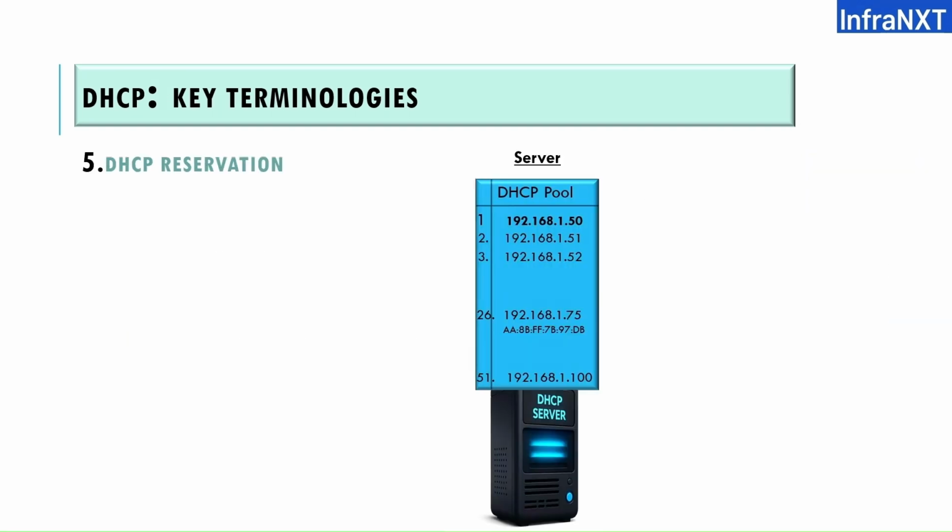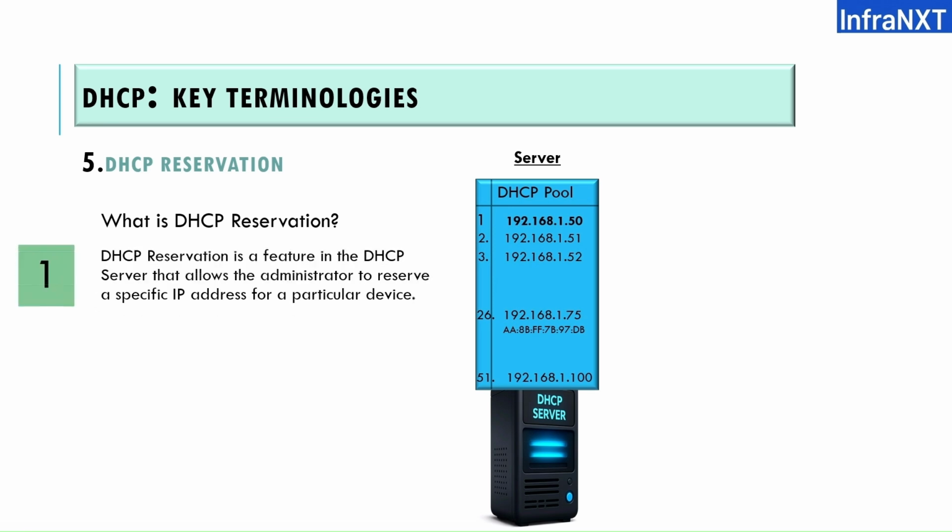Let's cover the fifth key terminology, which is DHCP reservation. What is DHCP reservation? It is a feature in the DHCP server that allows the administrator to reserve a specific IP address for a particular device.